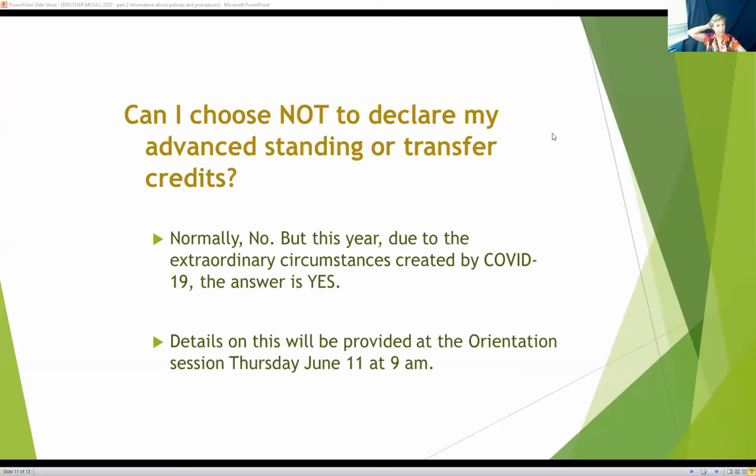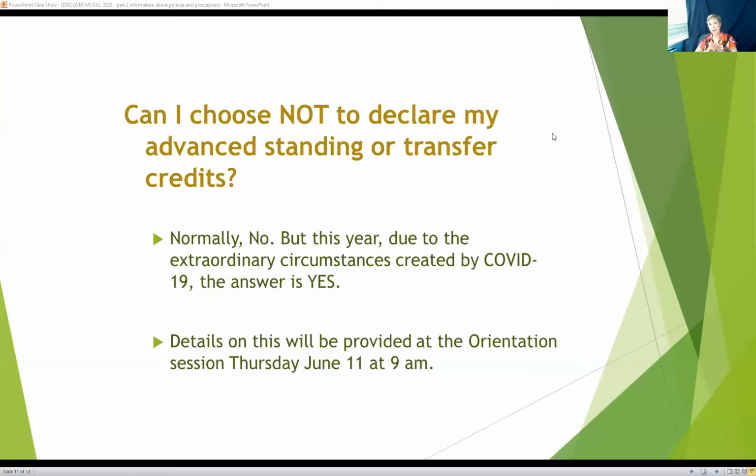In other words, we'll let you repeat it at McGill for credit. There are more details around this that I want to explain, and the details about all of this will be provided in person via Zoom at the orientation session on Thursday.